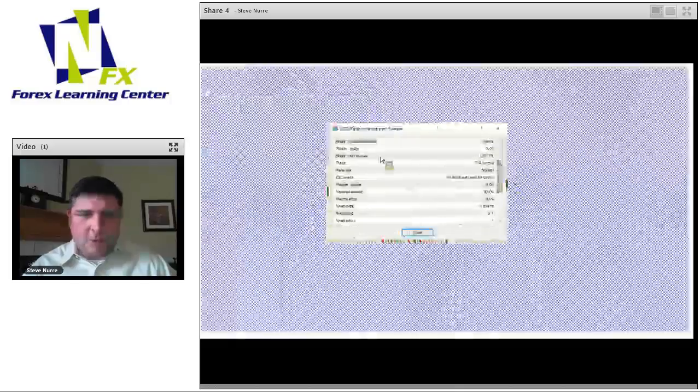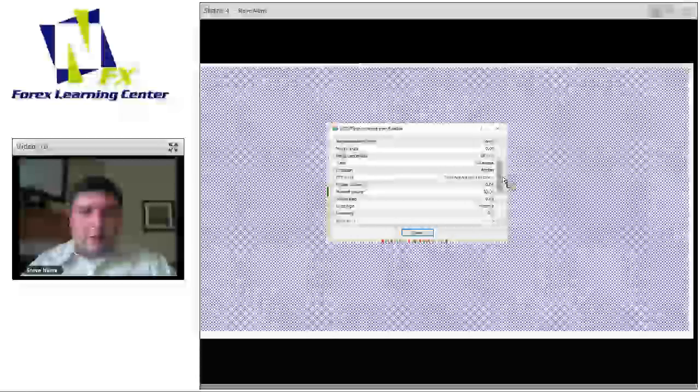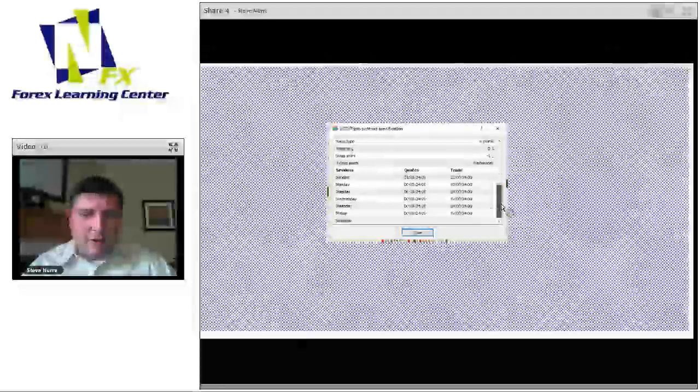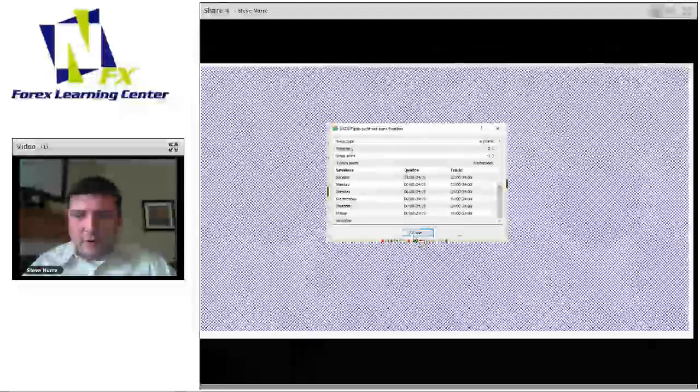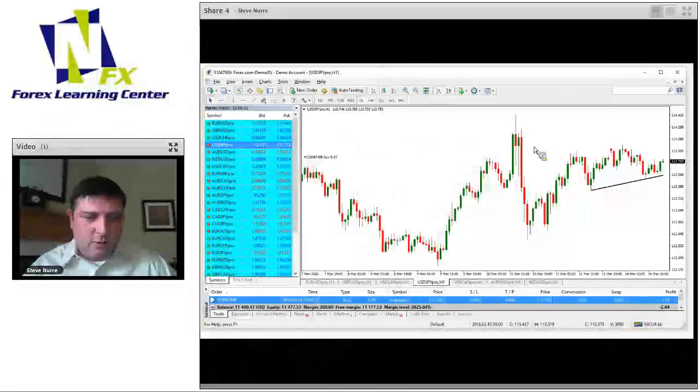So 150%, instead of 200%, which would be 2 to 1, they're lowering it down to 150%. So that means it's going to be a 3% margin requirement. In these typical calculations, that's where those margin calculations are going to be told.